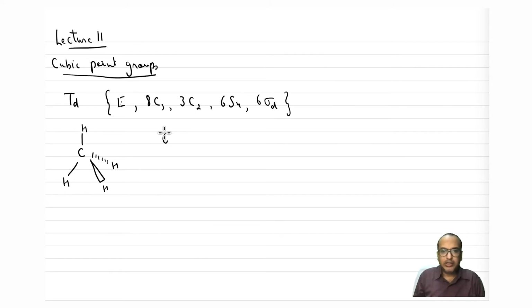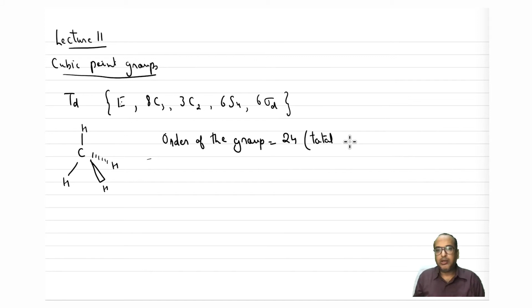So we call this the order of the group as 24, which is the total number of elements, not the group elements as we have already discussed, or in this case we can say total number of symmetry operations.